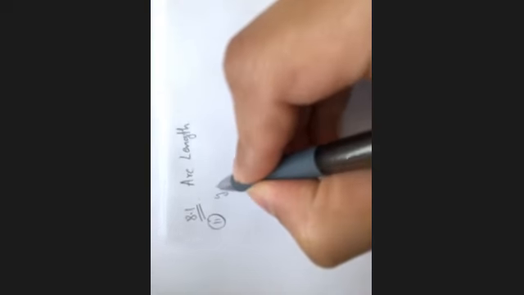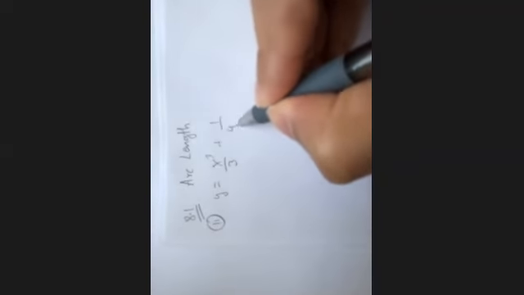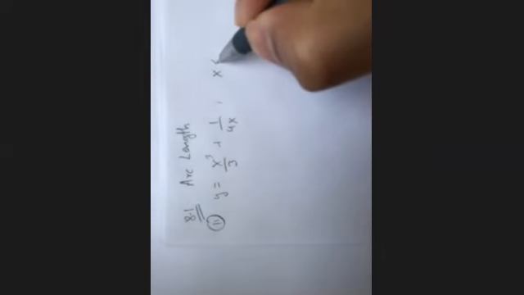So the first we will do this number 11, and the question is find the exact length of the curve, and the curve is given by... so we have to find the exact length of the curve from x equals 1 to 2.